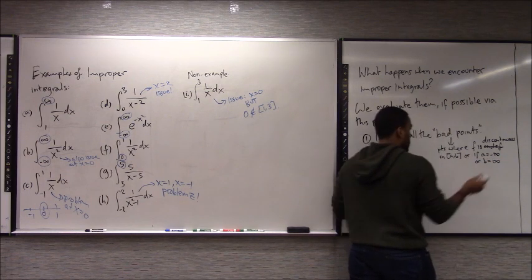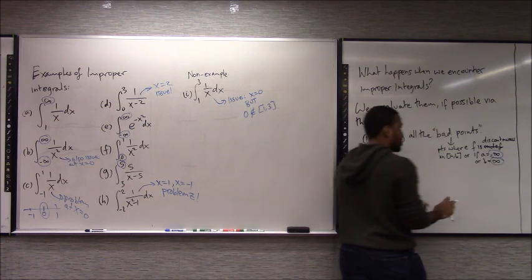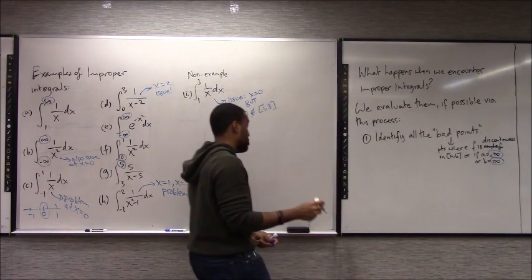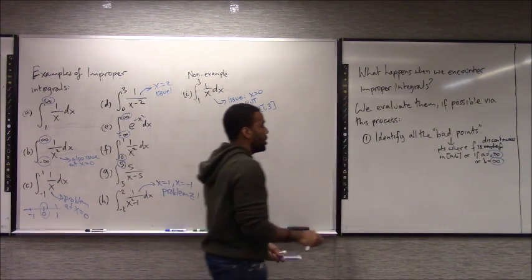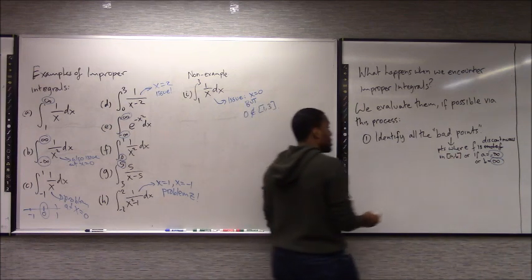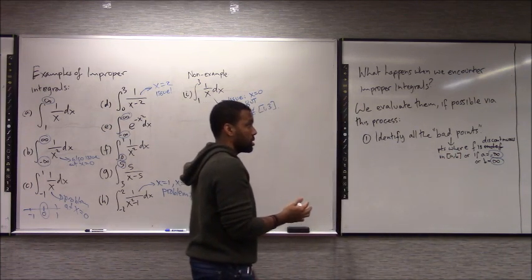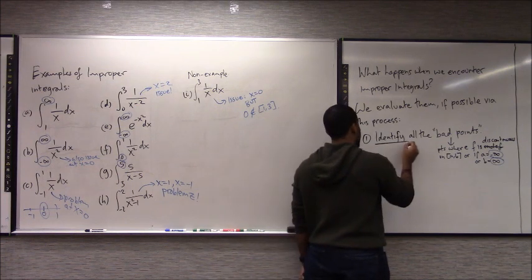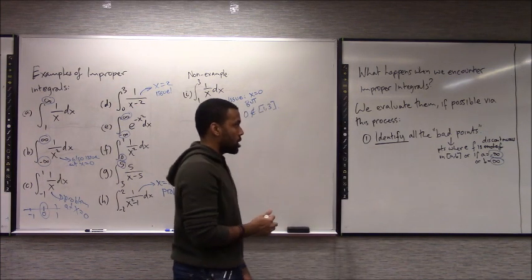So infinity, positive and negative, are always going to be quote unquote bad points, as in points where we might have an issue. Other bad points would be points in the interval where f is discontinuous. So the first thing you want to do is actually identify what these points are.